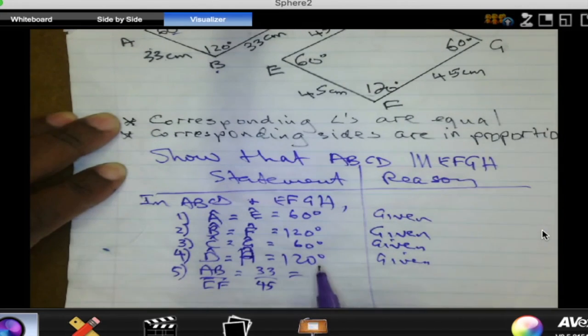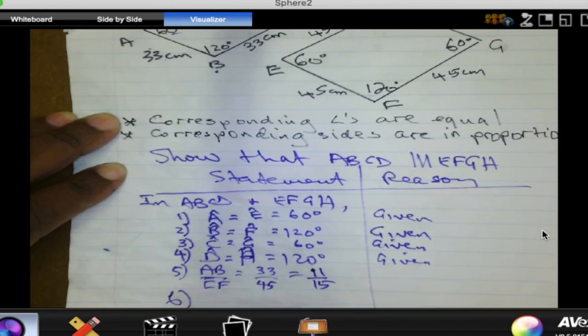If you simplify that, what is 33 over 45? You can divide by 3, I think. 11 over? What do you get? 11 over 15? Yes. Okay, right.